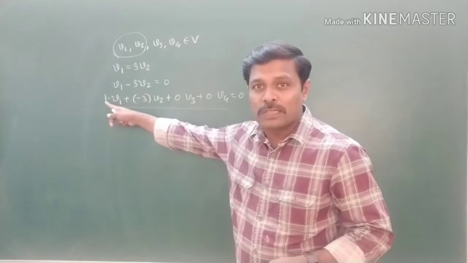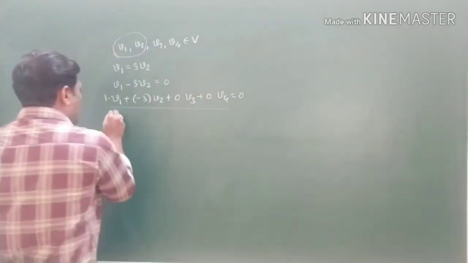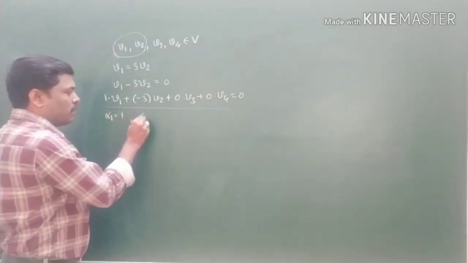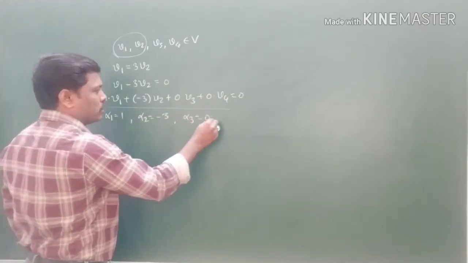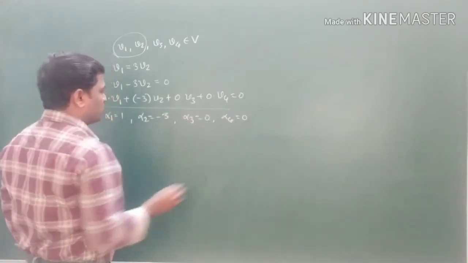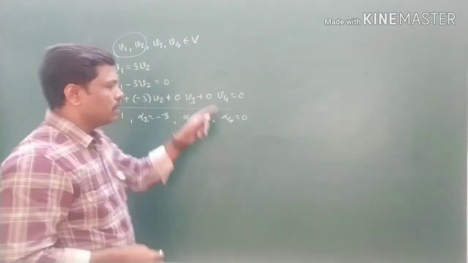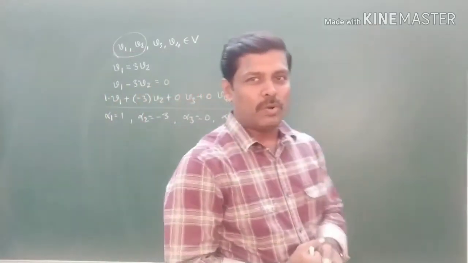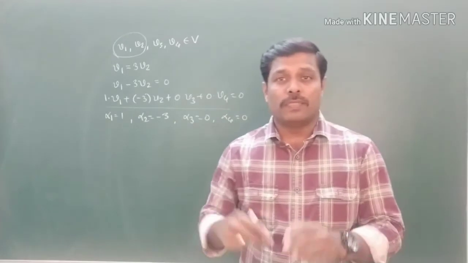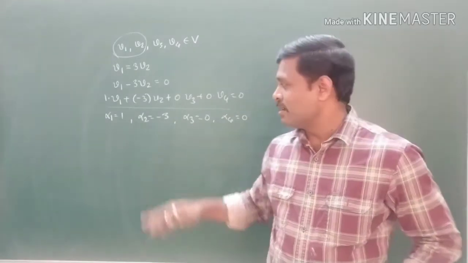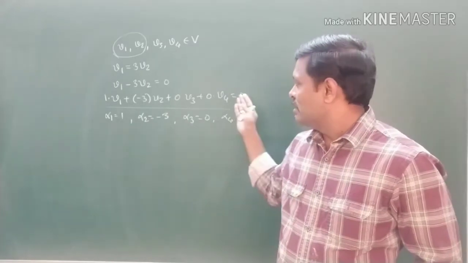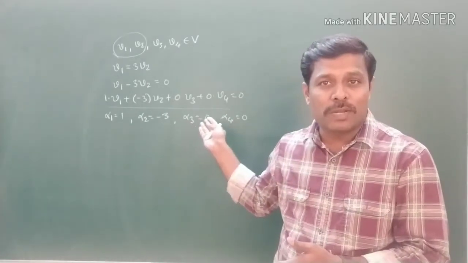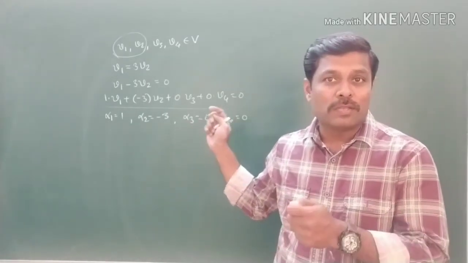If I suppose the first scalar is alpha 1, alpha 2 is equal to minus 3, alpha 3 is equal to 0, alpha 4 is equal to 0, then this linear combination is equal to 0 on the cost of scalars which are not all equal to 0, and still I am getting the linear combination of 4 vectors as 0.